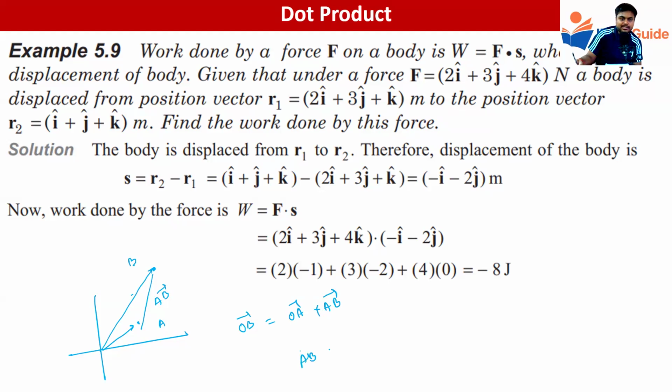Now AB vector is OB minus OA, which is the final vector minus the initial vector, not the other way. Does it make sense? Maybe that was the issue with you. Okay, we proceed.